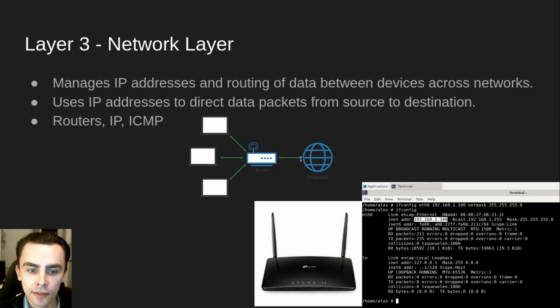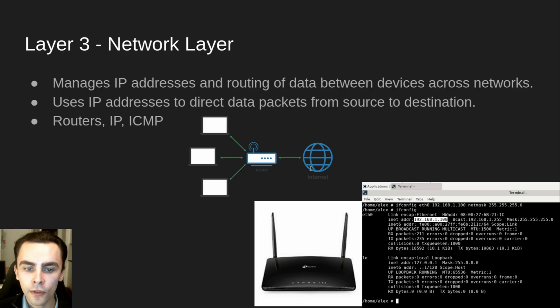IP addresses are used by routers to identify devices from both the local network but also from external networks. Routers are using what's known as public IP addresses to identify devices from external networks, and routers are using what's known as private IP addresses to identify devices from within the local network.